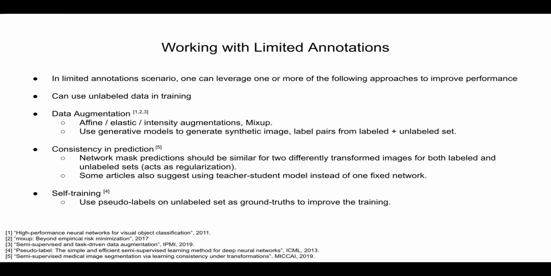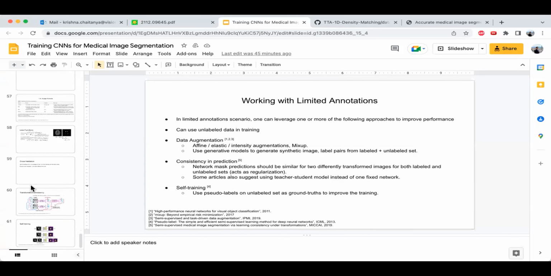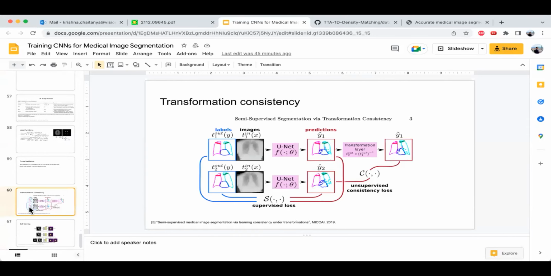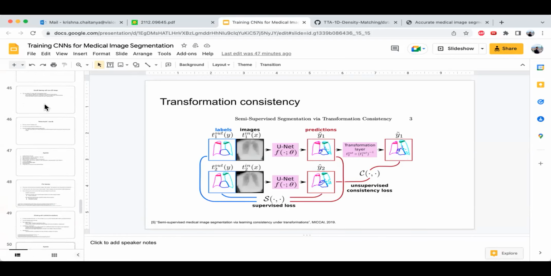I will show you an example of how this architecture might look. So this is one possible architecture for having consistency across the predictions. As you can see here, you apply two different transformations on the same image, and you can apply the inverse transform on the output prediction, and they should match with each other.